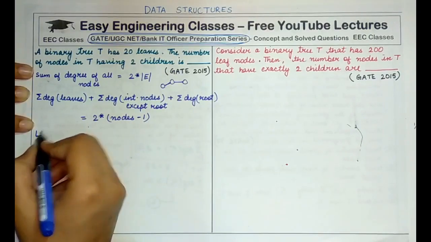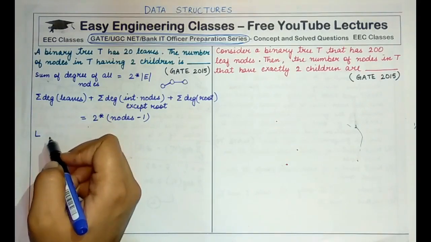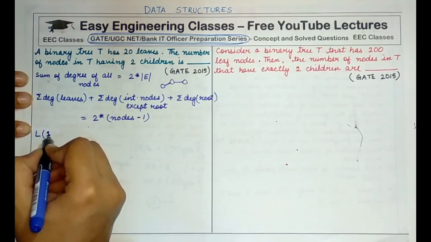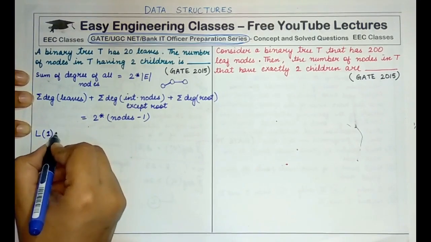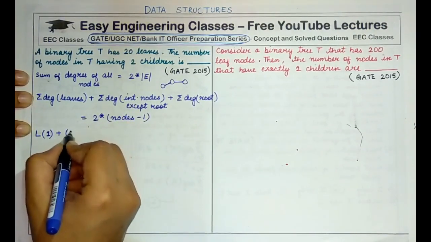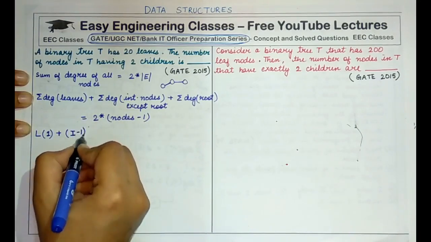So if L is denoting leaves, since the degree of each leaf is 1, only the incoming degree from the parent, therefore I'll write L into 1. L denotes the number of leaves, I denotes the total number of internal nodes, but since we are subtracting the root from it, therefore I write I minus 1.